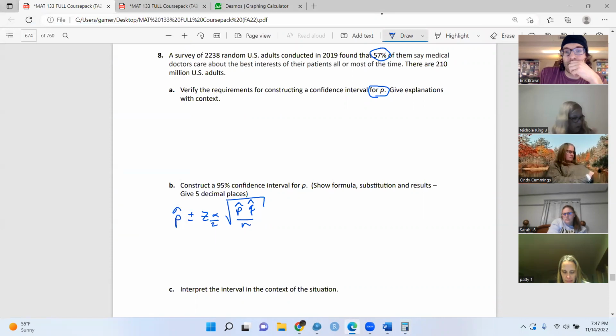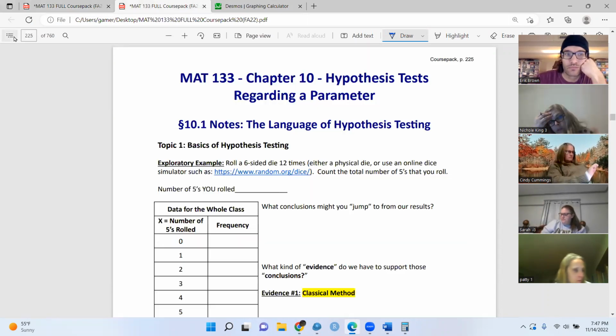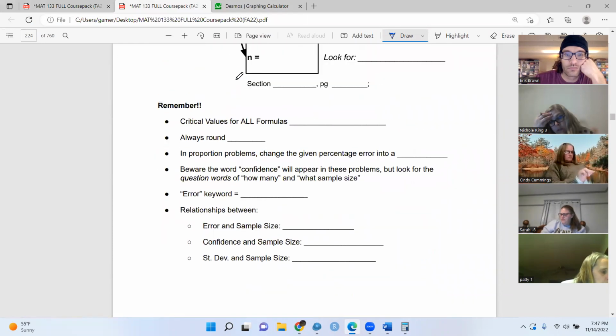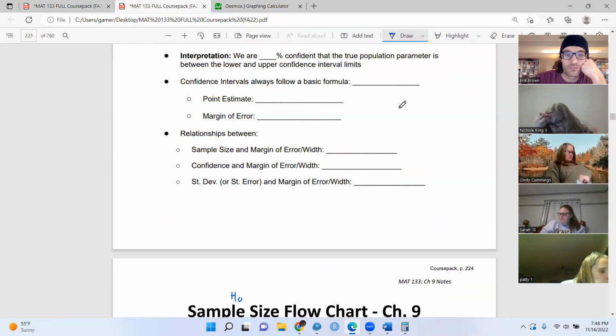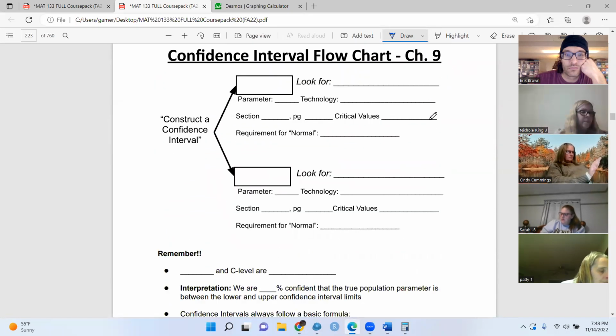One of the things you need is that X is equal to p hat times n. Did you all remember to do that? I bet that's on the flow chart. Oh, requirement for normal. Well, this is condition 3.